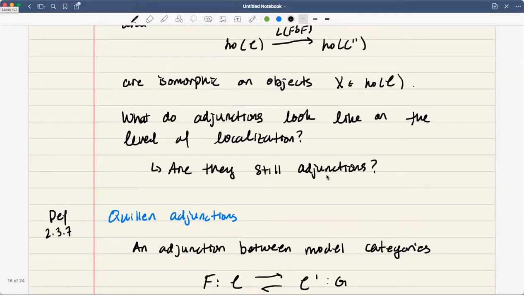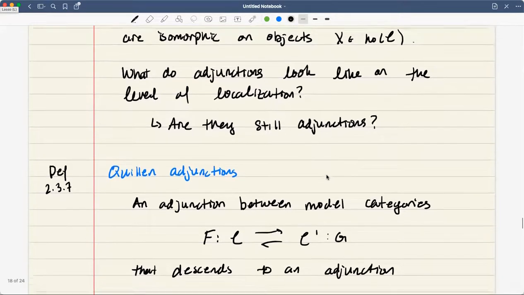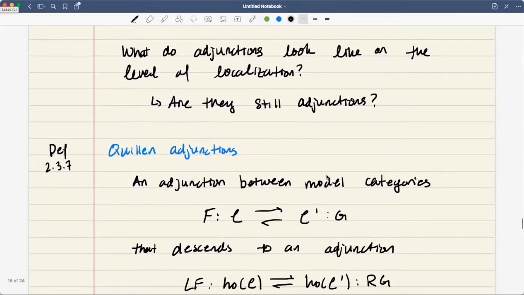Okay, so what do adjunctions look like? I think this is a logical next step. Kan extensions subsume the theory of adjunctions and a lot of things, I suppose. But what do adjunctions look like on the level of localizations?